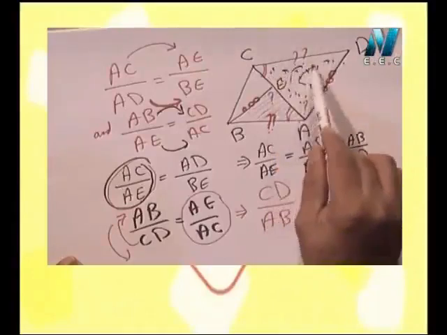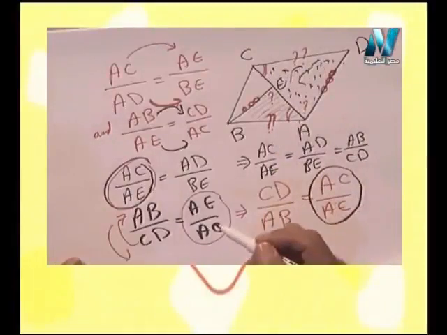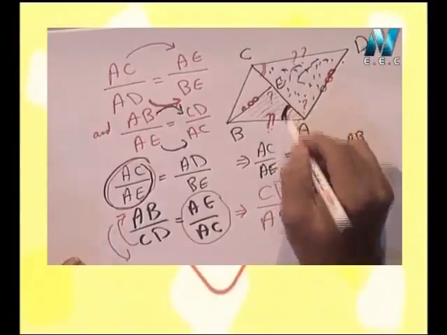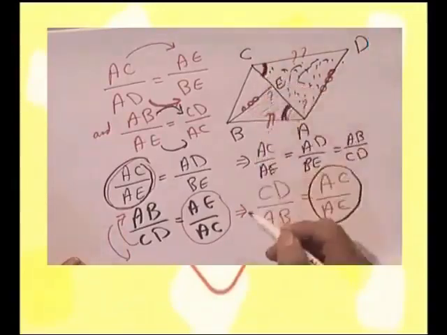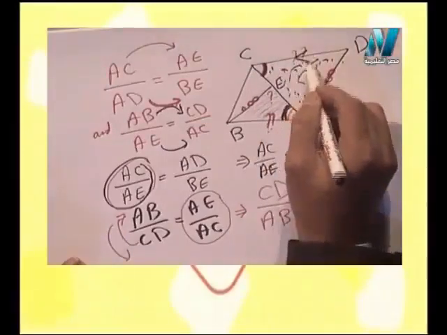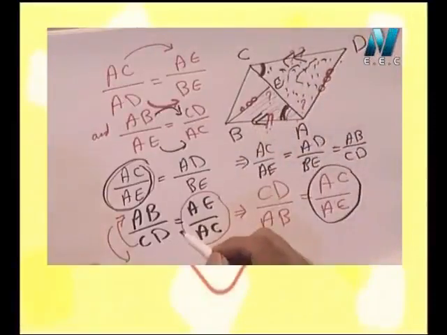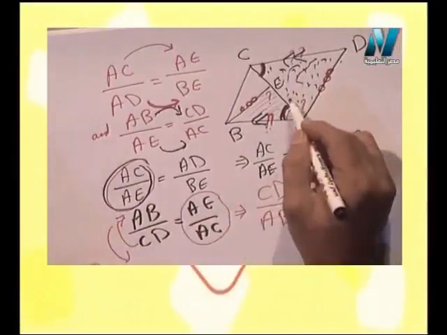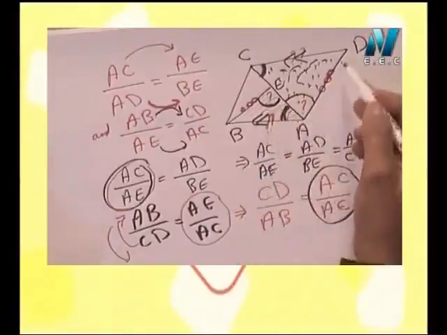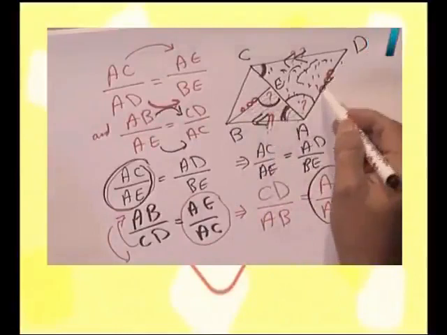Yes, they are similar. So from the similarity we can easily prove that the measure of this angle equals the measure of this angle, and they are alternate. So CD is parallel to AB, and we can prove that this angle, which is DAC, equals this angle, and they are alternate, so we can easily prove that they are parallel also.